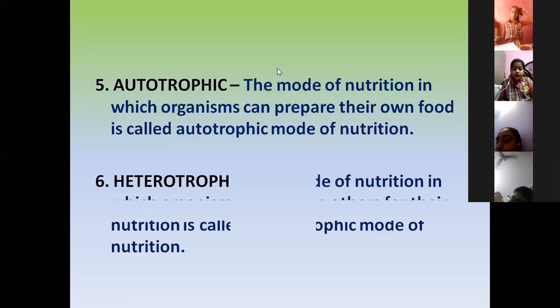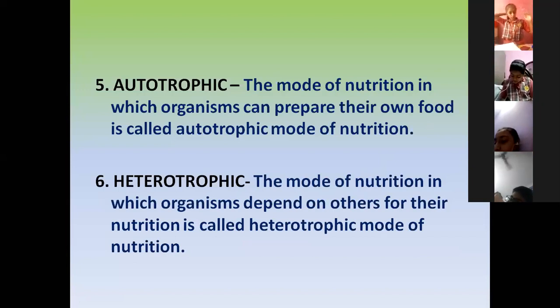Okay, next is autotrophic and heterotrophic. The mode of nutrition in which organisms can prepare their own food is called autotrophic mode of nutrition, where organisms can make food on their own.